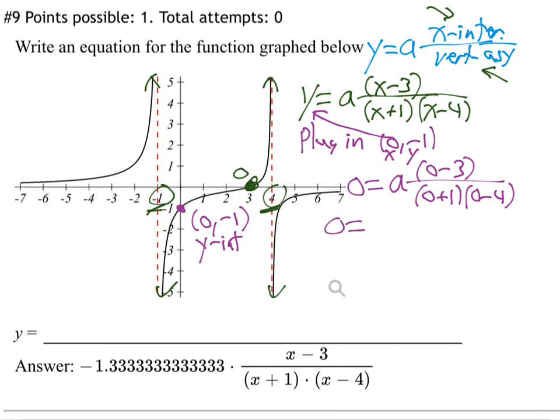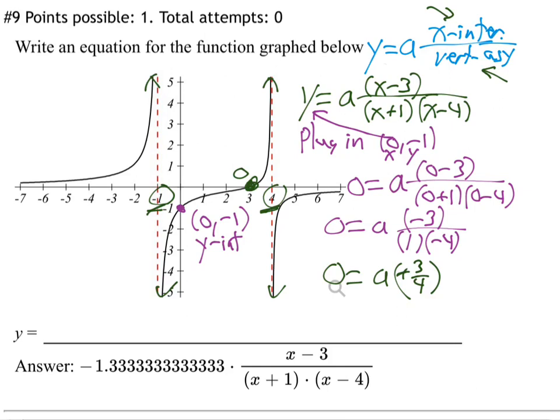Solve this equation now for a. That's going to be -3 on the top, 1 times -4 on the bottom. That's a times positive 3/4, right? Because negative over negative makes positive 3/4. Let me write that a little cleaner. Now, how do you solve that equation for a?